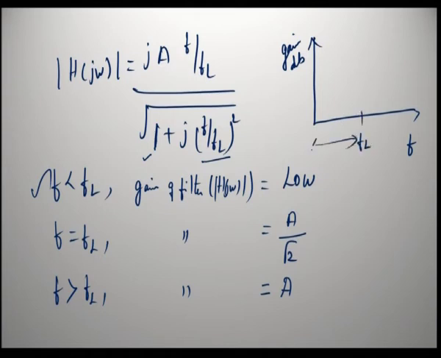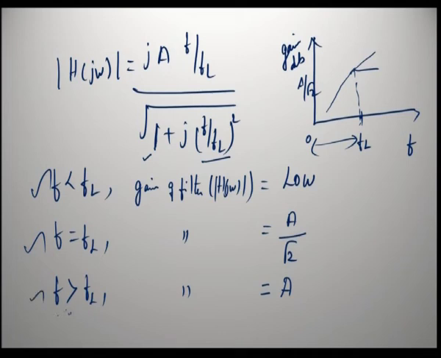Up to here, if f is less than fl, the gain is low, so it is increasing, and if f is equal to fl, at this point the gain is A by root 2, that is 3 dB lesser than the maximum gain in the dB scale.